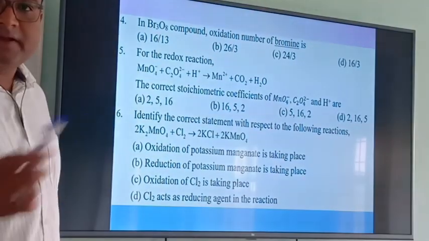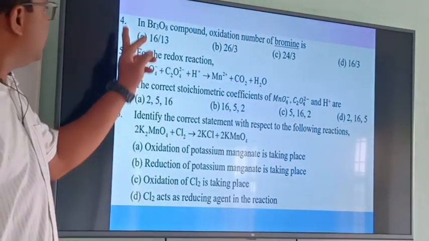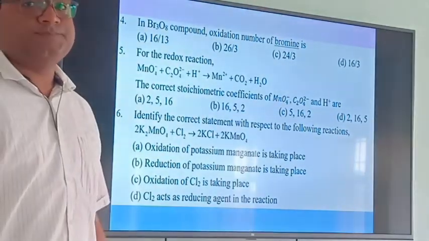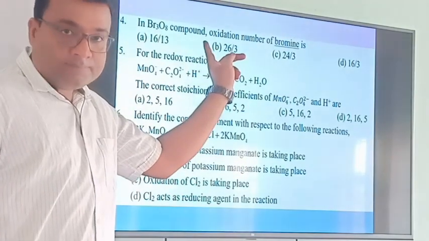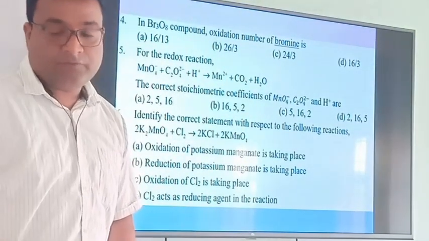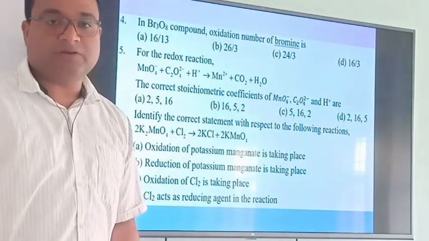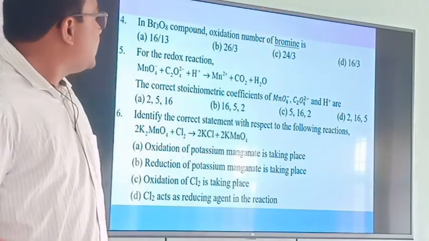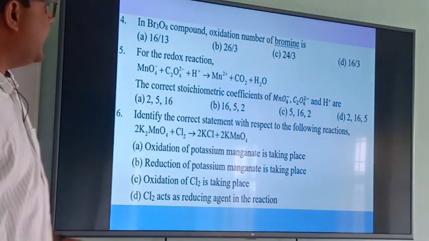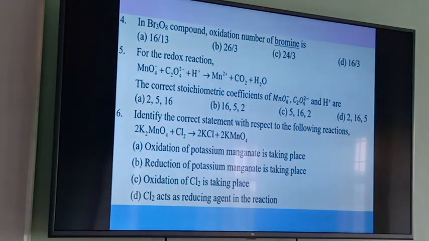Let's move on to the next question in the second slide. Question number 4. In the Br3O8 compound, you need to find out the oxidation number of bromine. Let's write it down.